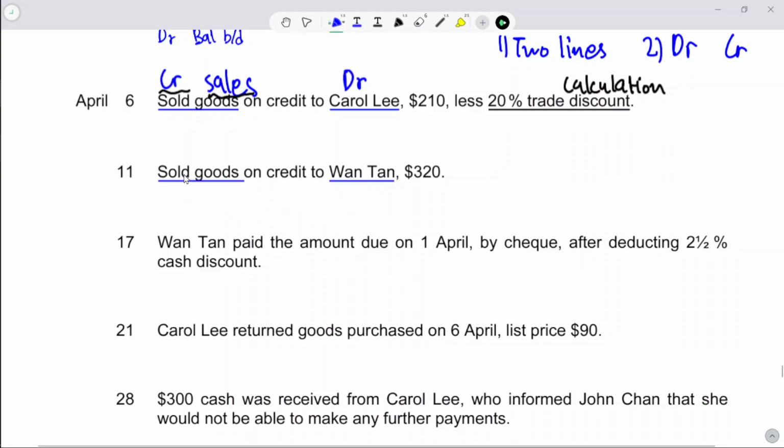Goods is actually sales. Sales is always credit, then credit here, then debit here.